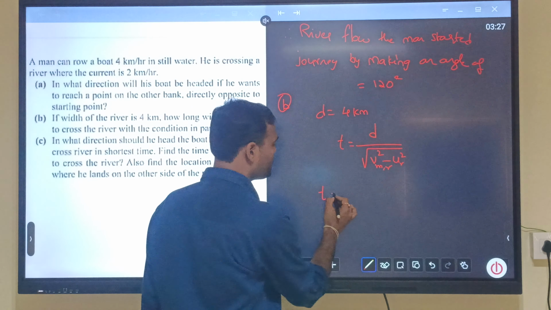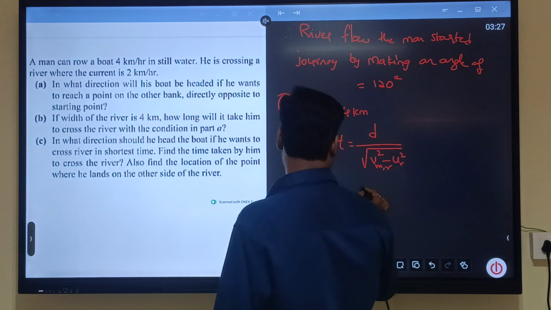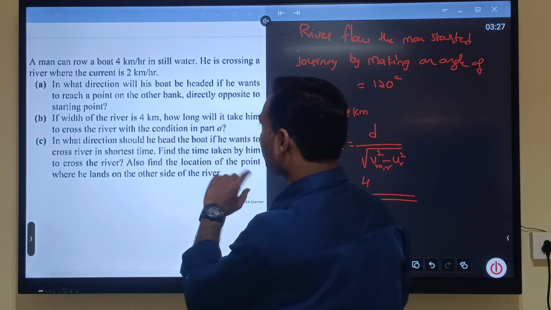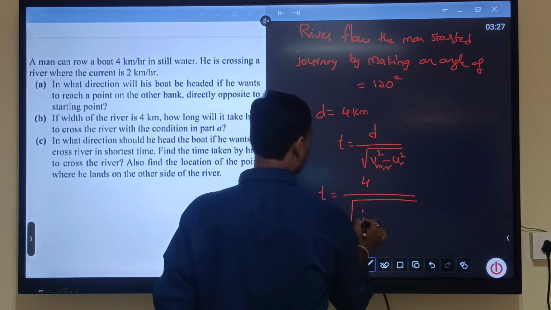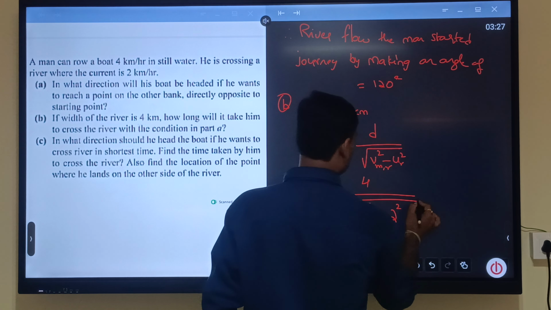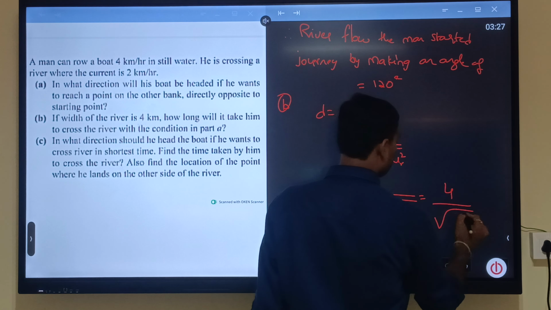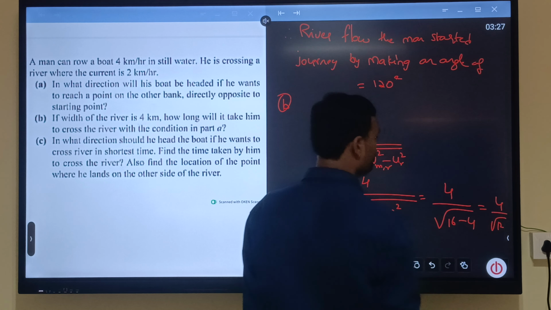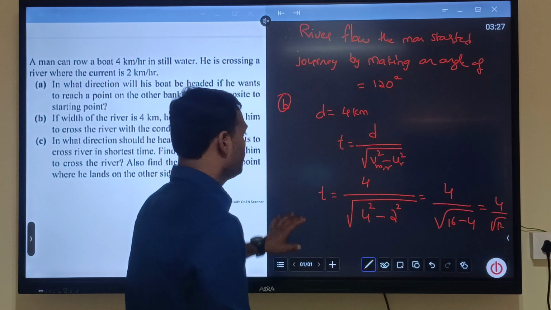Then t is equal to d value, 4, under root of 4 square minus 2 square, 16 minus 4, which is equal to 4 under root 12. So this is the time value.